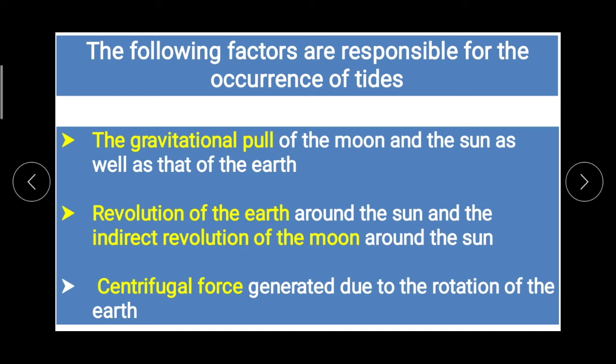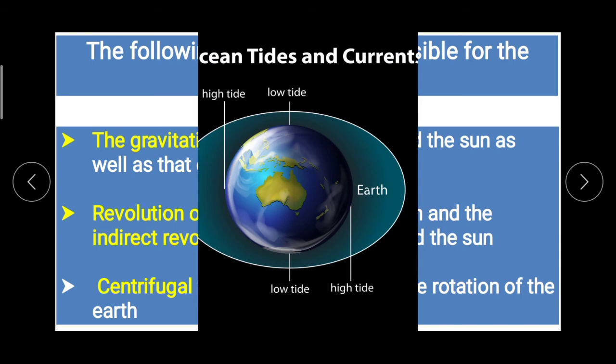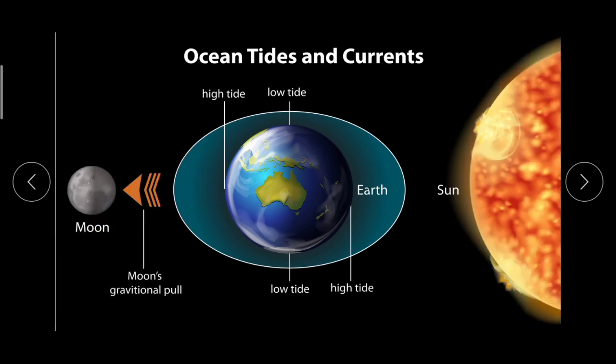So the gravitational pull of the moon and the sun, then the revolution of the earth and centrifugal force, all these things are responsible for the occurrence of tides.